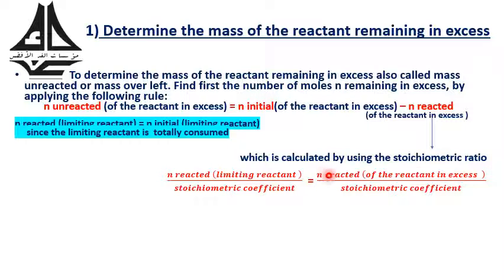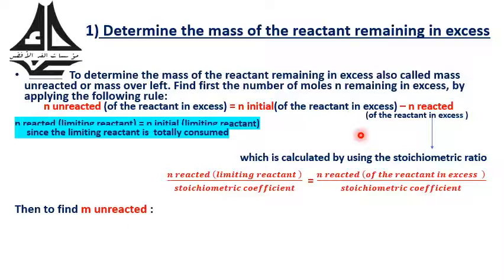Now, after we have found number of mole reacted, we can find the number of mole unreacted, which is equal to the number of mole initially found, which is given in the given amounts, minus the number of mole reacted, which we have just found by using the stoichiometric ratio.